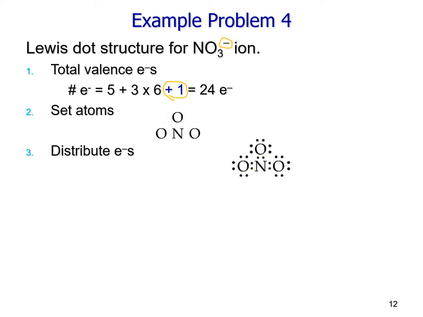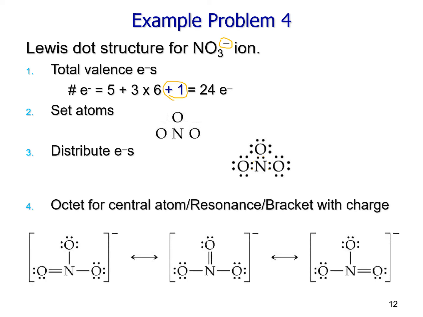Since it has 6 dots, it is quite possible for nitrogen to ask for a lone pair of electrons from any one of the 3 oxygen atoms. That means we've got a total of 3 possibilities to form a double bond between nitrogen and oxygen. Put them all together, we have 3 resonance forms for nitrate.